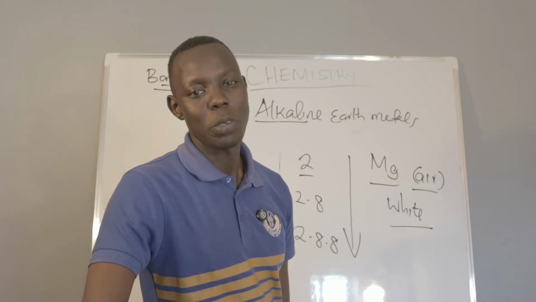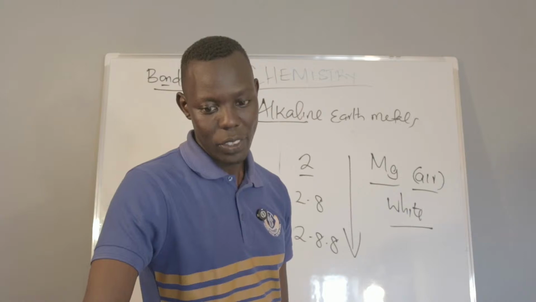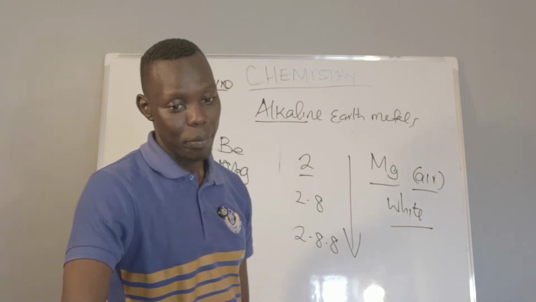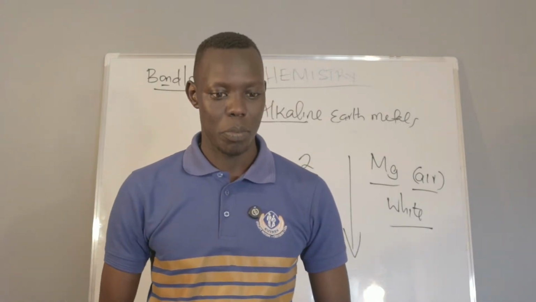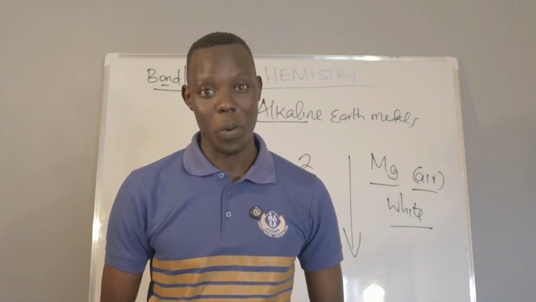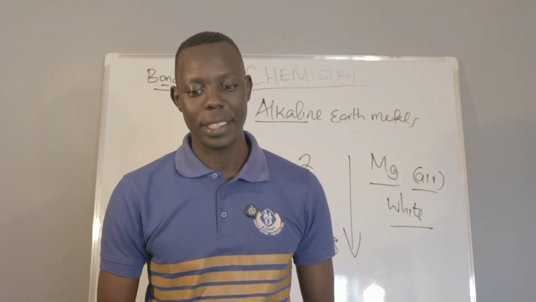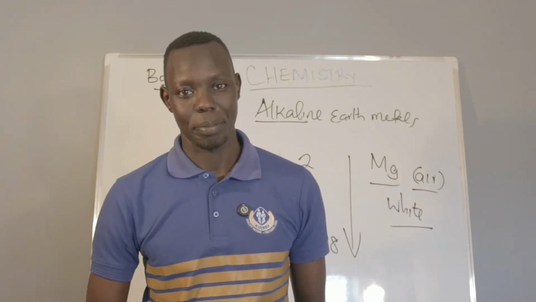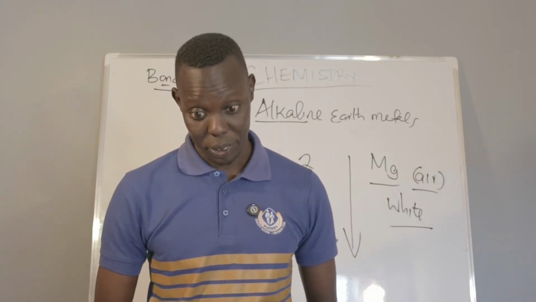And also give us the observations made. Magnesium would burn in steam to give us hydrogen gas and magnesium oxide, which is a white solid. The same applies to all the other metals.